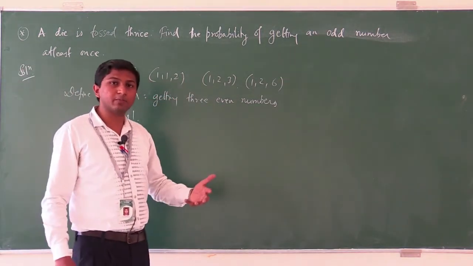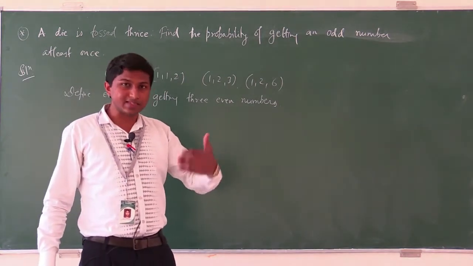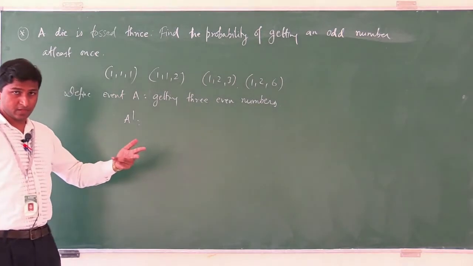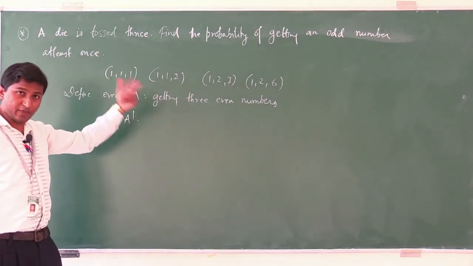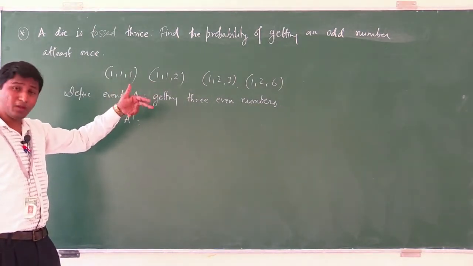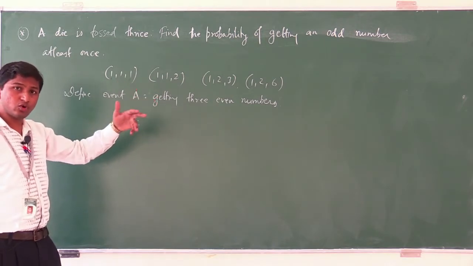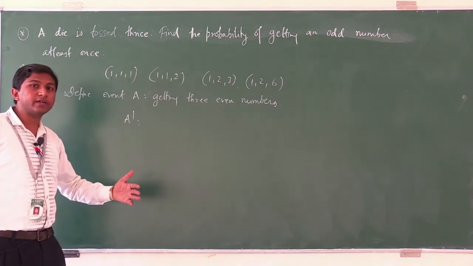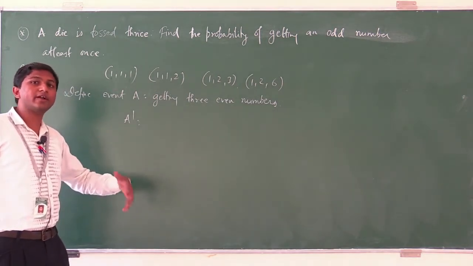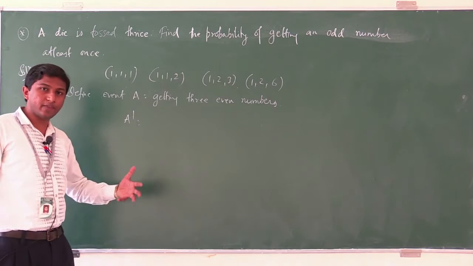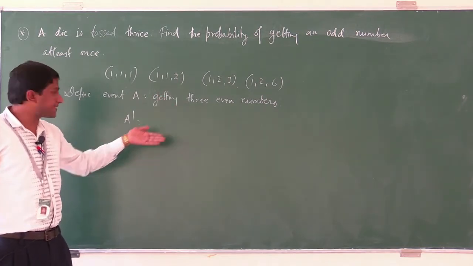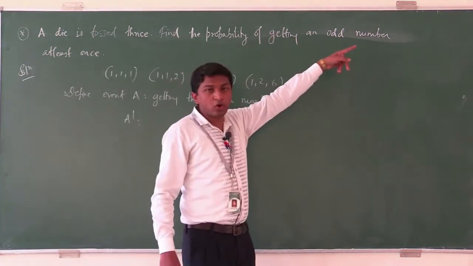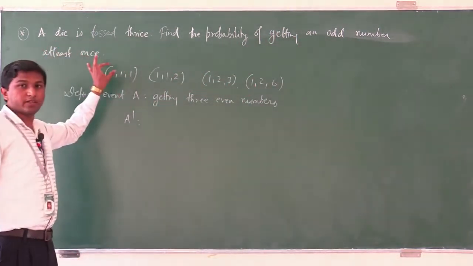Not getting 3 even numbers means getting less than 3 even numbers. When I get 2 even numbers, the other number must be odd, right? So that also means getting 1 odd number, or 2 odd numbers, or at the most 3 odd numbers. So event A dash is nothing but the event getting an odd number at least once.